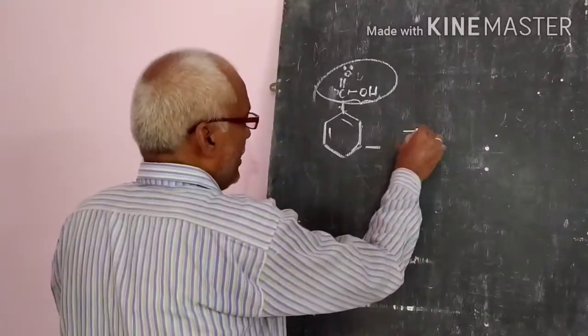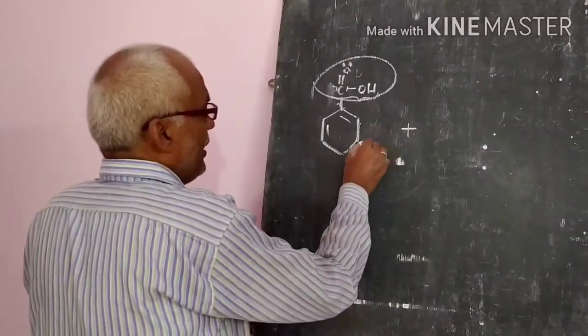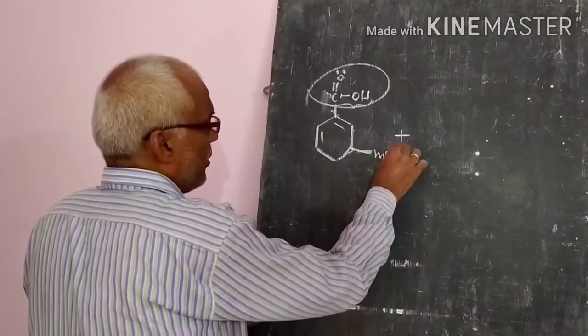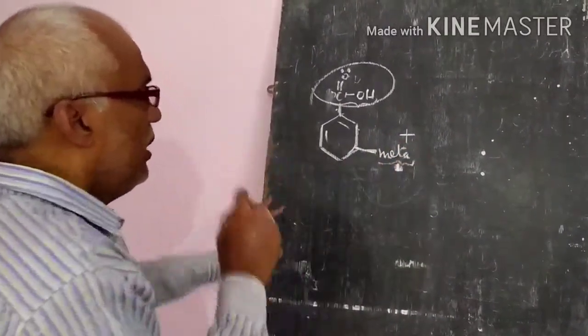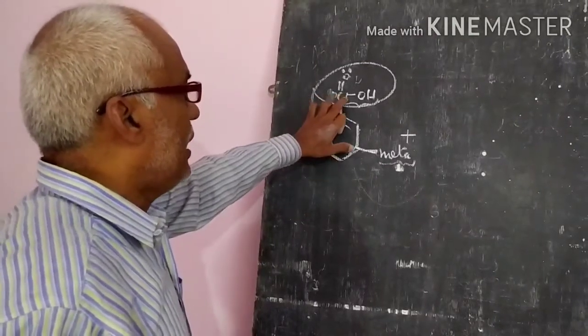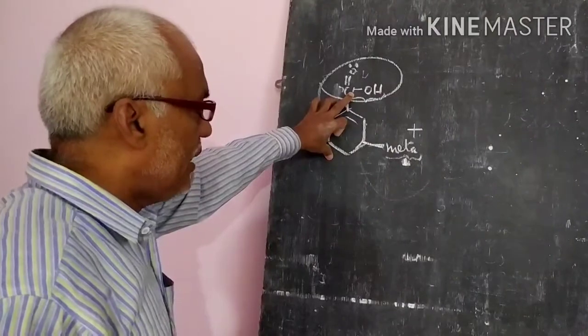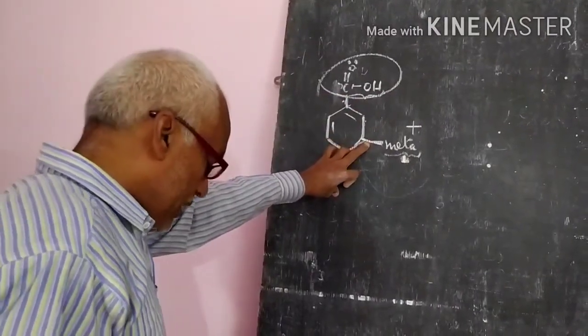Therefore, whatever the reaction, it will be attached at the meta position. Since the carboxyl group is an electron-withdrawing group, it will direct to the meta compounds.